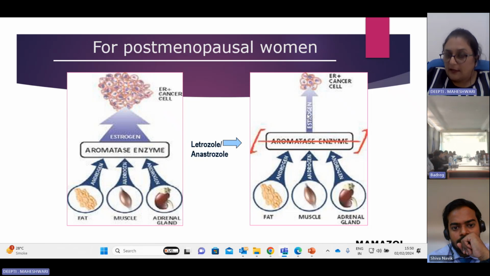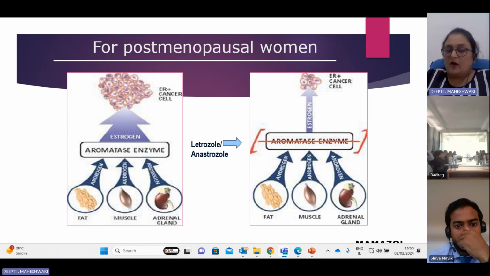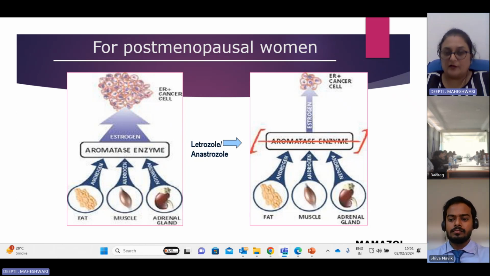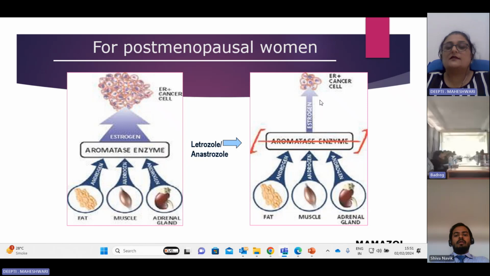If androgens are not converted to estrogen, then free estrogen will not be there in the female's body, because of which the breast cancer cells cannot multiply further. So the mode of action of aromatase inhibitors, letrozole or anastrozole, is that they inhibit the aromatase enzyme, because of which the androgens do not get converted to estrogen. That is the simple mode of action of any aromatase inhibitor.